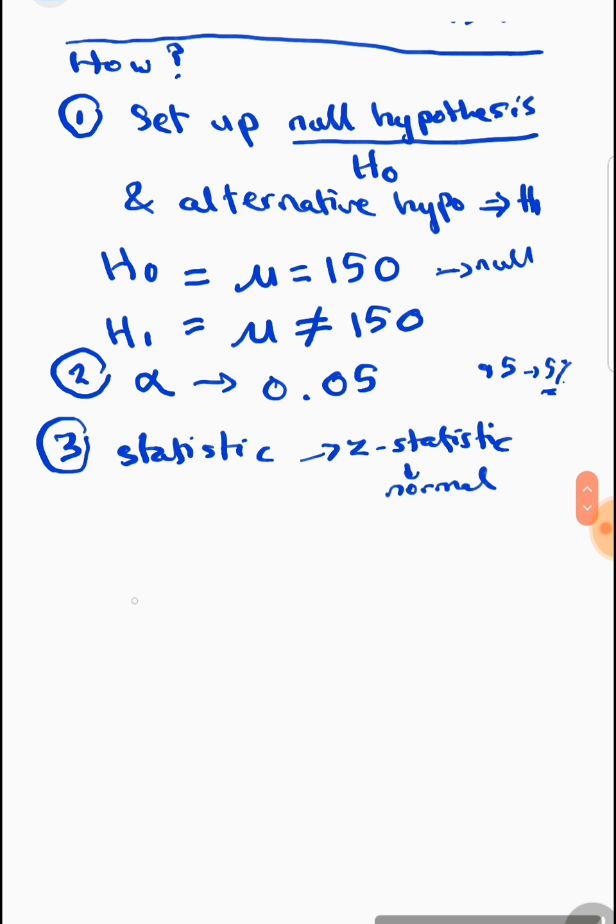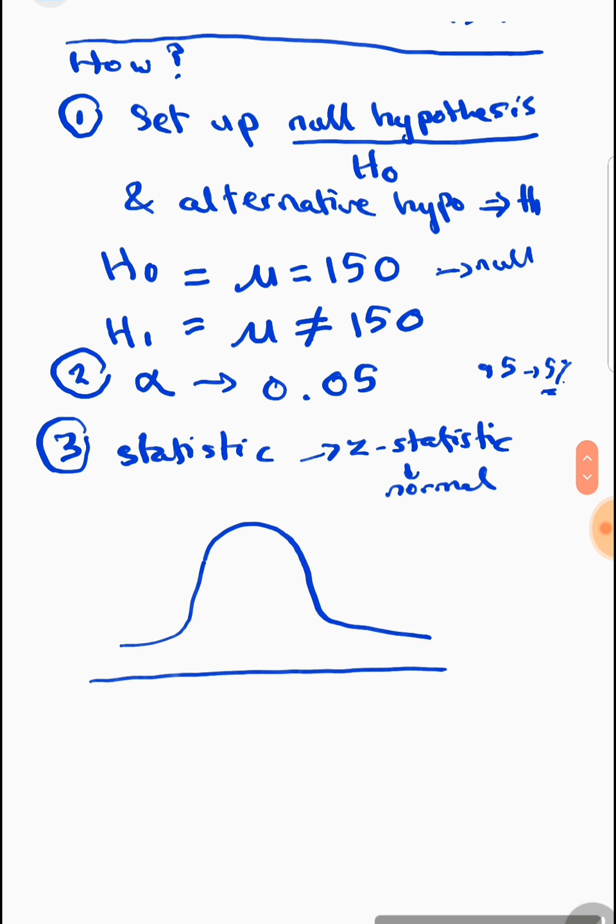Remember, because it's mentioned that it's a significance level of 0.05, we know that it's actually a 95% confidence interval. And again, in my normal distribution, I have my mu being claimed to be 150.